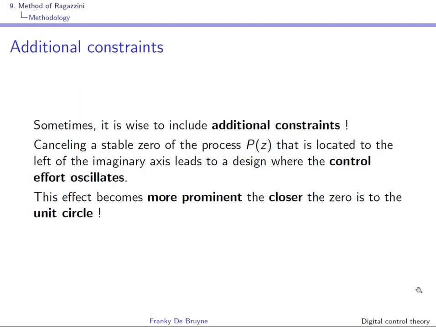Sometimes it is wise to include additional constraints that go further than the ones that we have introduced, even if they are not necessary from a perspective of internal stability. Remember that our controller designed according to this method of Ragazzini looks like, well, 1 over p, and here we'll write it in terms of these polynomials.